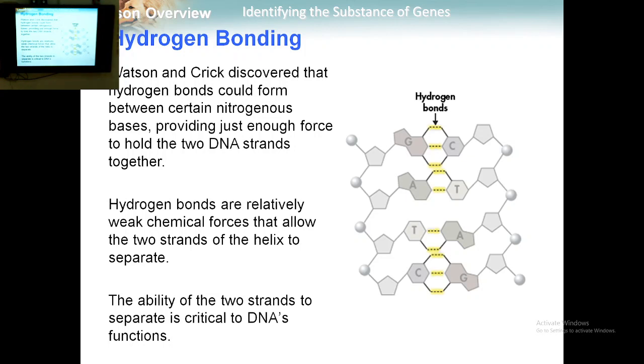So it's a good way to attach: once the DNA needs to duplicate, it can separate, duplicate, and then reform again. The ability of the two strands to separate is critical to DNA function. If the DNA strands can't separate, it is really hard for the cell to replicate the DNA.